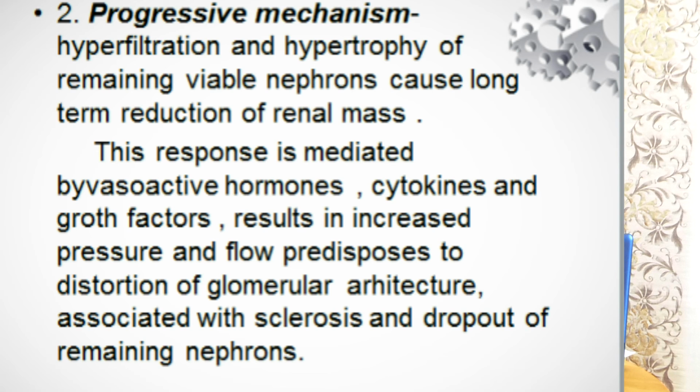In this situation, the inflammatory cascade starts, so there is release of various vasoactive hormones, cytokines and growth factors in the renal tubules. This causes sclerosis of various glomerular structures and then dropout of the remaining nephrons.